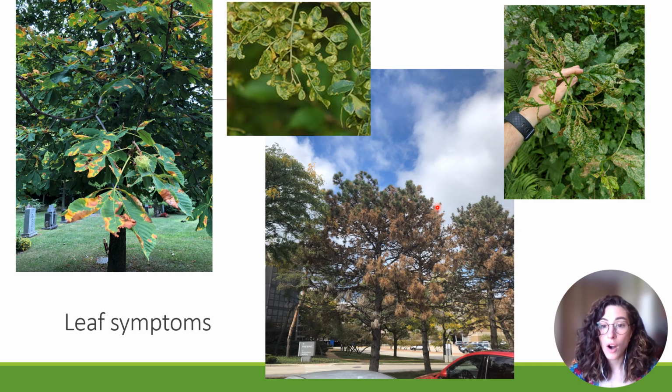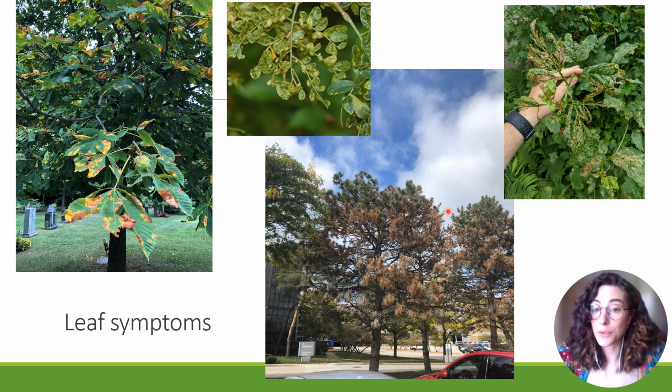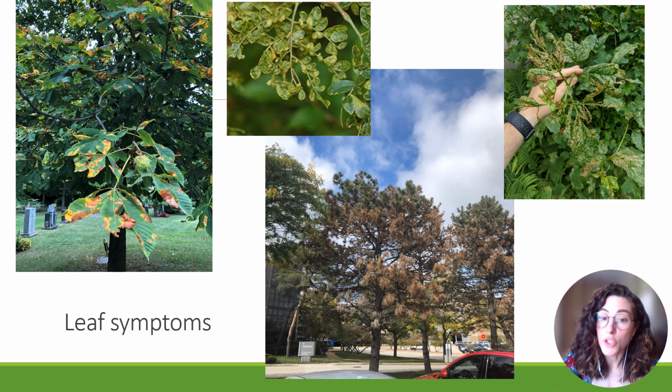All right, so here are our just general leaf symptoms. And again, I'm not going to go into exactly what caused all of these because I just want you to understand the flow chart and the process. So typically we can have either necrotic leaves, leaves that are just simply brown, or we can have necrotic leaf spots or leaf blotches. Now, blotches are just spots that have started to coalesce.